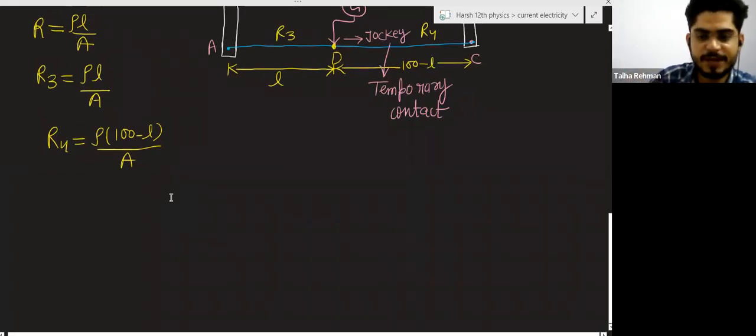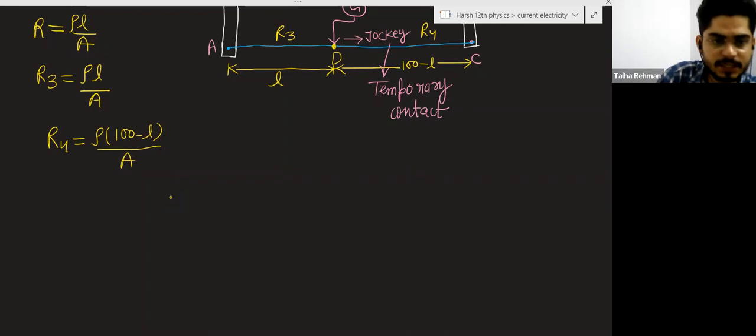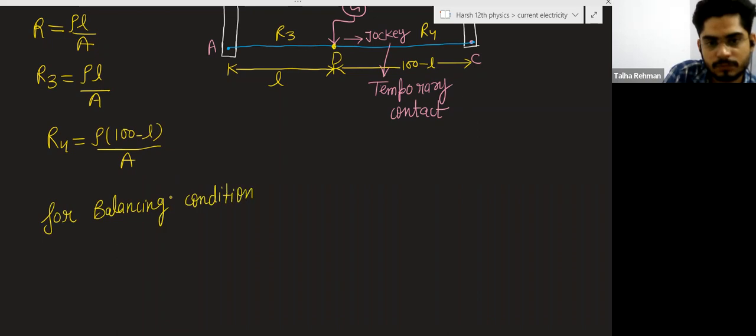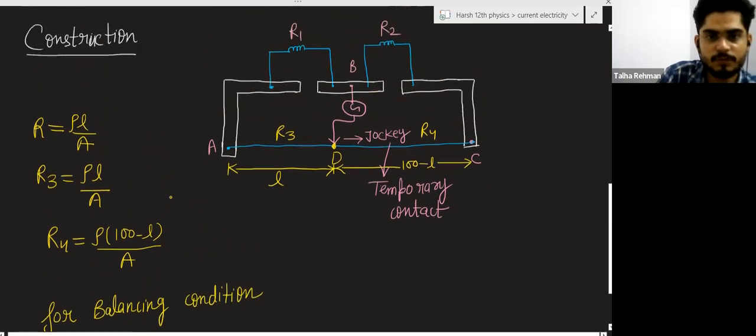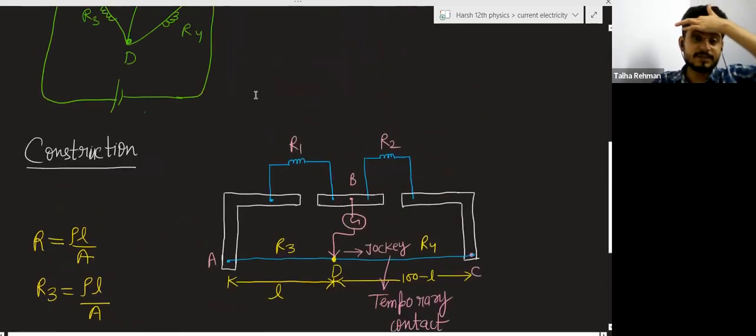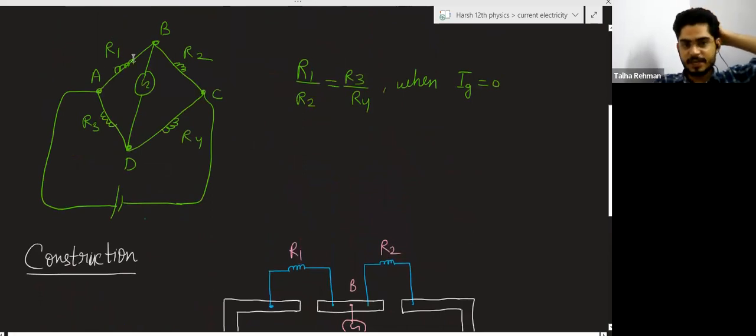Now the balancing condition. In between A and B there is R1.